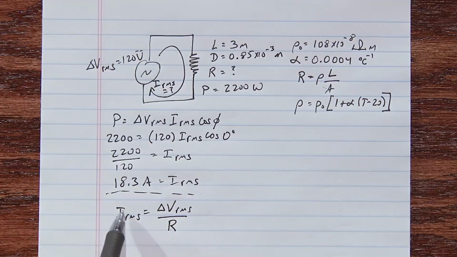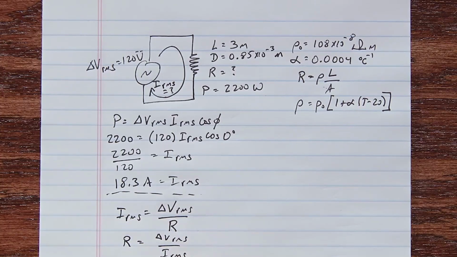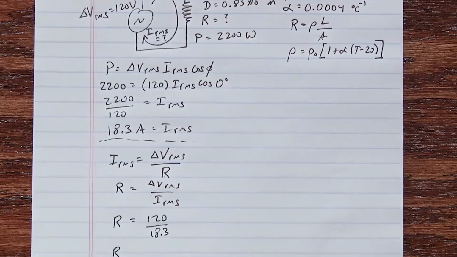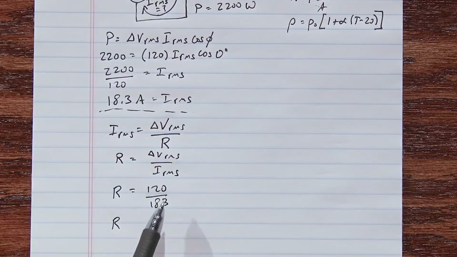We can multiply both sides by resistance, divide both sides by current, and we'll have resistance is equal to delta V RMS over I RMS, or 120 divided by 18.3.